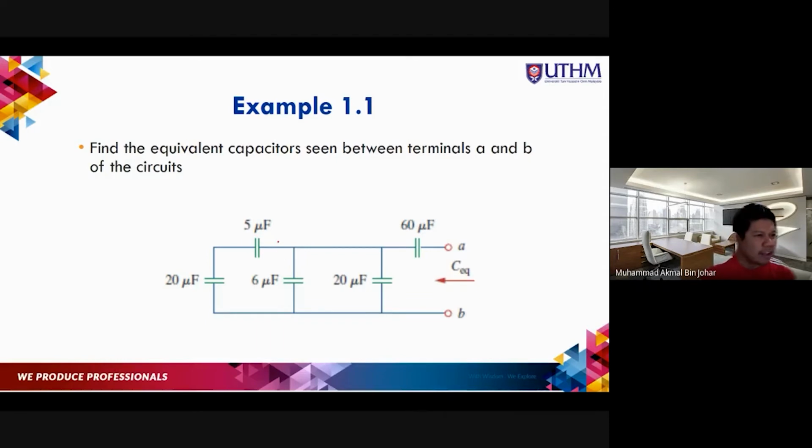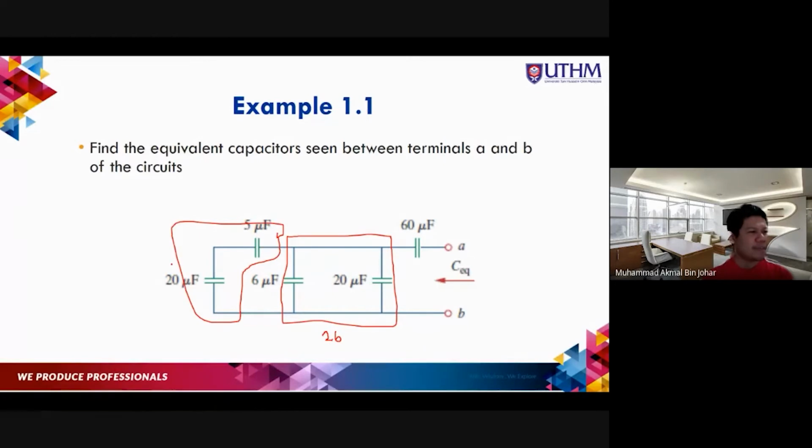Okey, kalau kita lihat di sini, dua kapasitor ini adalah bersifat selari. Kan? So 6 dan 20 kita boleh tambahkan dia saja begitu. Jadi dia dapat 26.